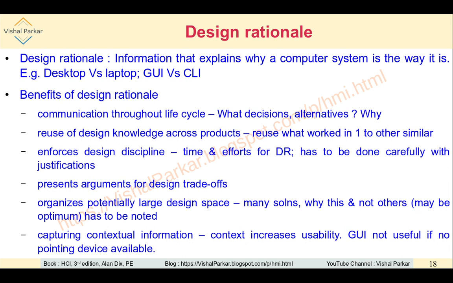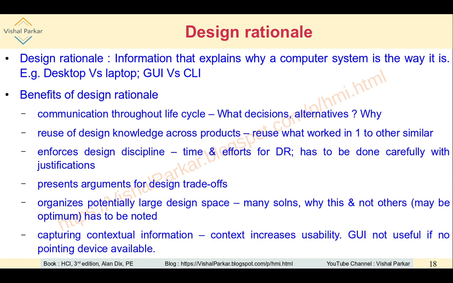Capturing contextual information. Context is very important so far as usability is concerned. It increases the usability. You have just seen that GUI has some advantages over CLI, and CLI also has some advantages over GUI.